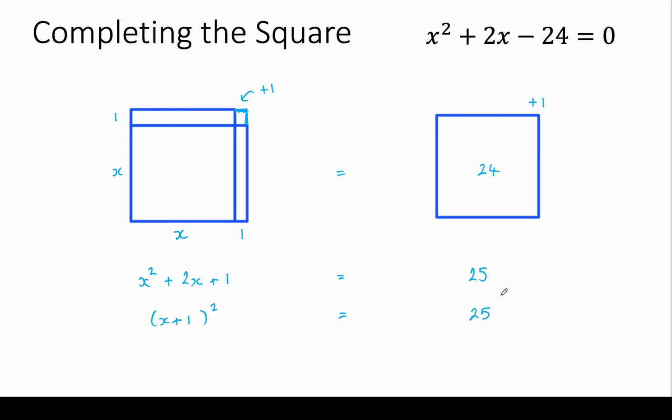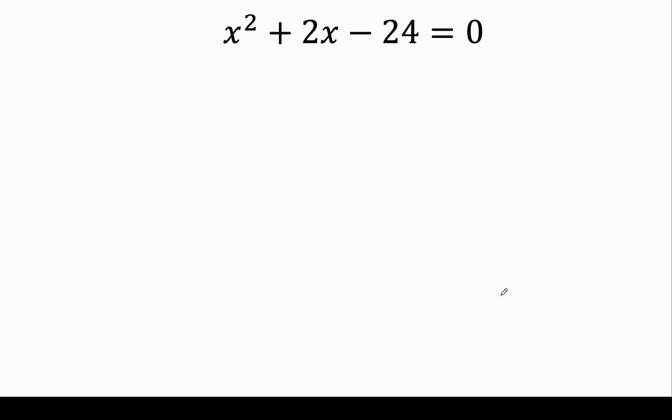And next I'm just going to, again, simplify that out. So x plus 1 in brackets squared is equal to 25. I'm going to simplify it, we'll say. So x plus 1 squared was equal to 25.